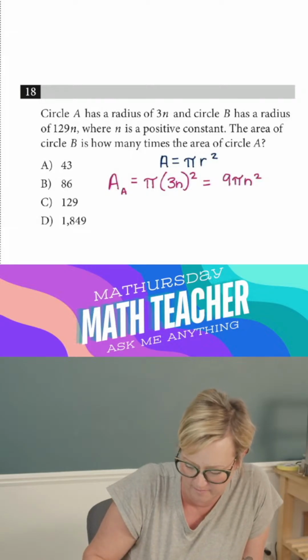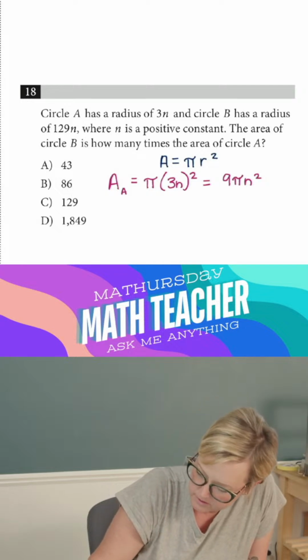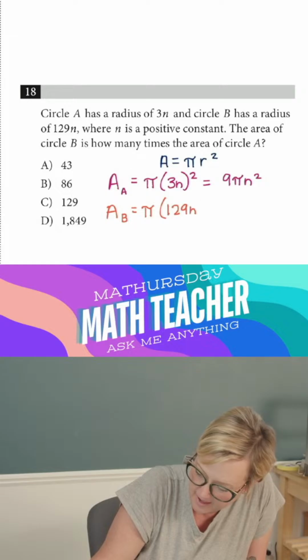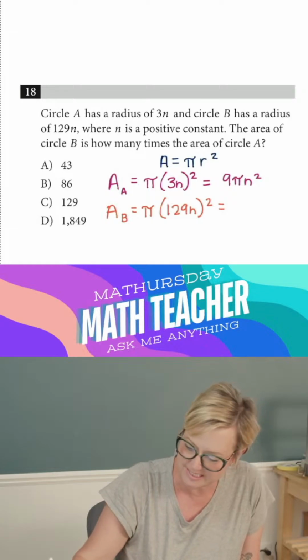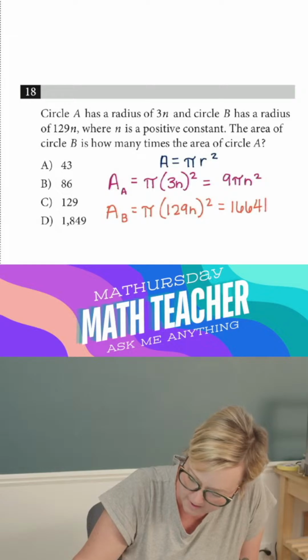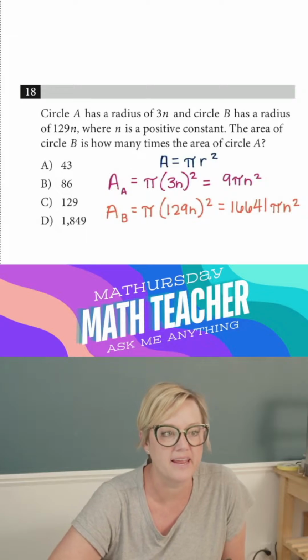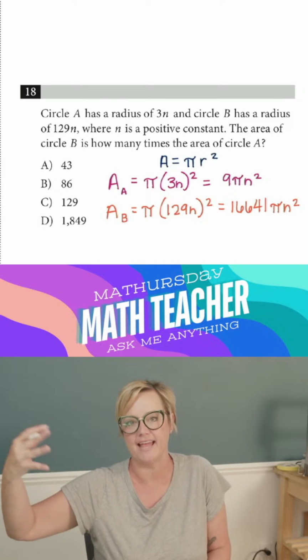Okay, and then my other circle, the area of circle B is going to be pi times 129n squared. Okay, so 129 squared is 16641 pi n squared. That's just plugging it in. Now I have to keep the squared because it's not just n, it's n squared.